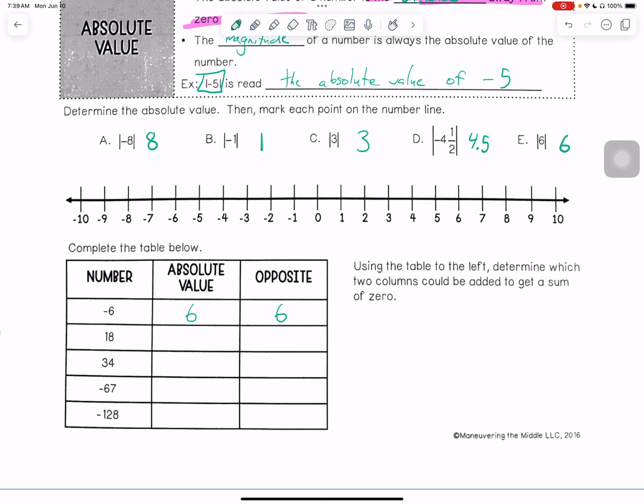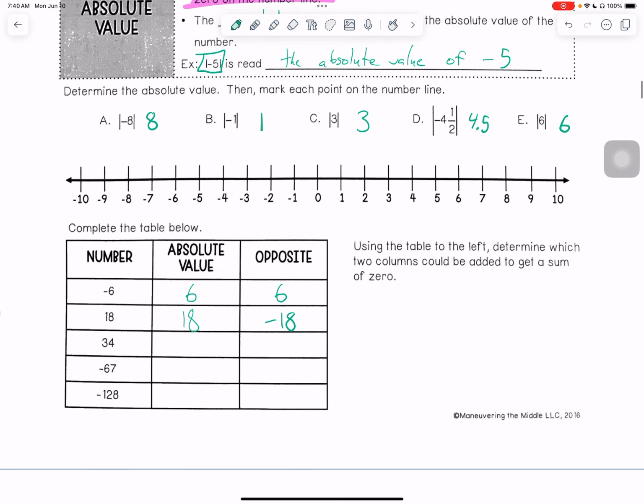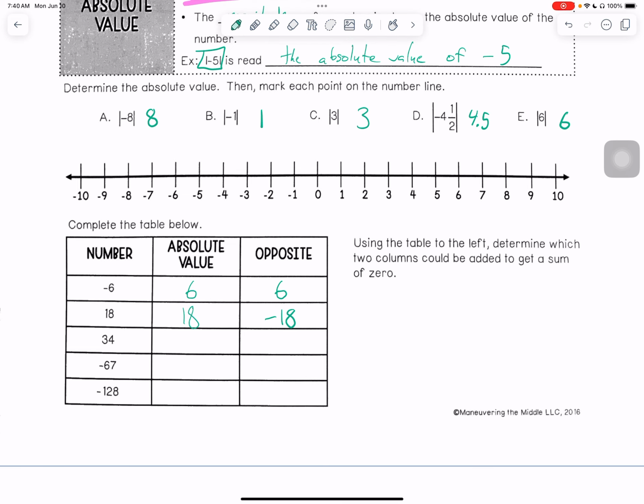Now for 18, the absolute value is 18, but the opposite of 18 is -18. So go ahead and take a few minutes and fill out this table below. See if you can figure out which column ends up giving you a sum of 0. Determine which two columns could be added together to get a sum of 0.